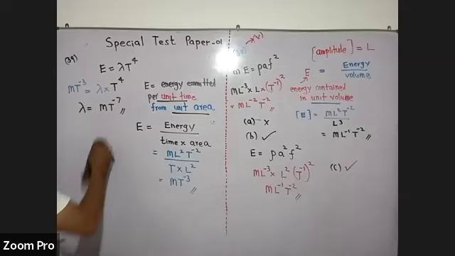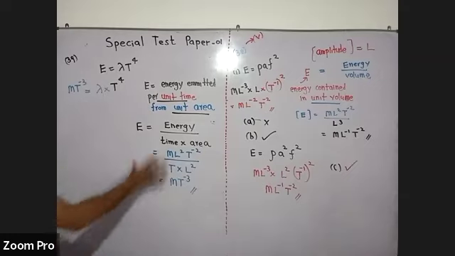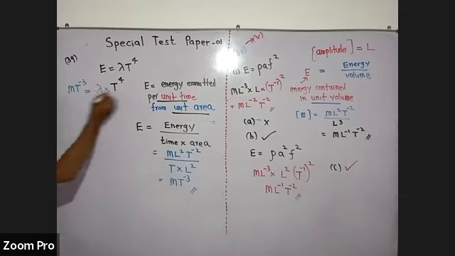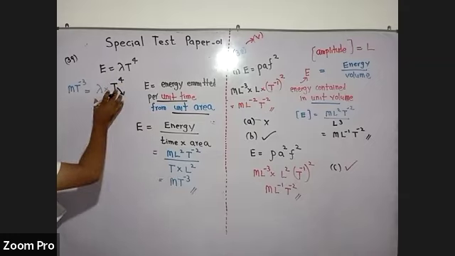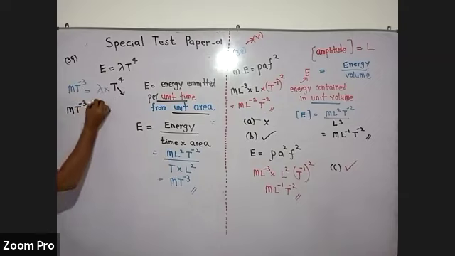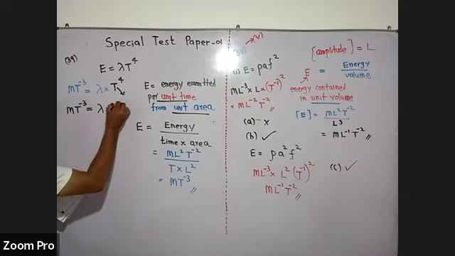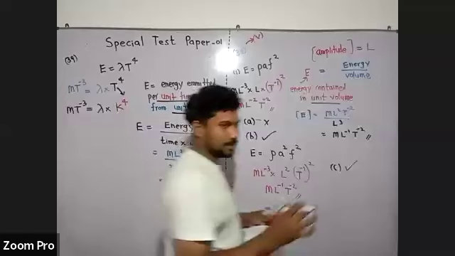Guys, there is a huge error in this question, not in the question, in the simplification. Here T represents temperature, isn't it? I misunderstood this T. So it should be MT^-3 equal to lambda. If I make the temperature the subject, it should be K to the power 4, because the dimensions of temperature are given in the question.